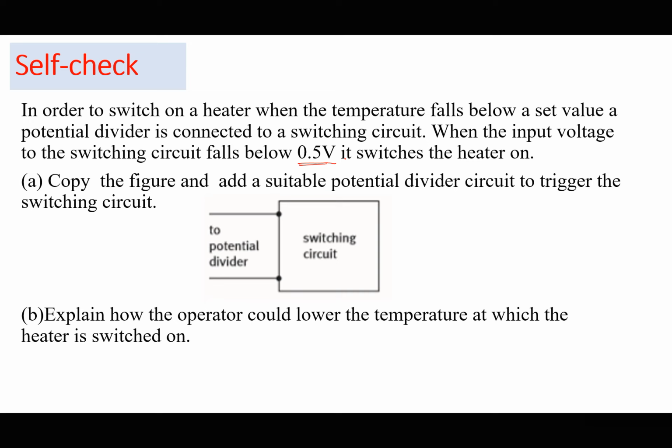In order to switch on a heater when the temperature falls below a set value, a potential divider is connected to the switching circuit. When the input voltage to the switching circuit falls below 0.5, it switches the heater on.